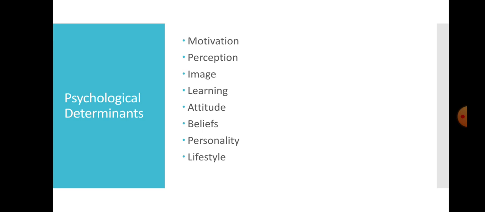Then the next variable in this category is lifestyle. Consumers coming from different cultures, different social classes, and different occupations have different lifestyles, and their response in the marketplace to purchase certain products will definitely depend on the lifestyle they are leading.